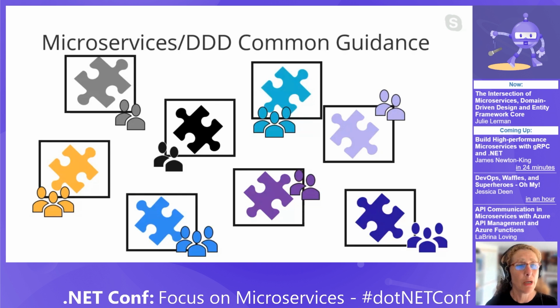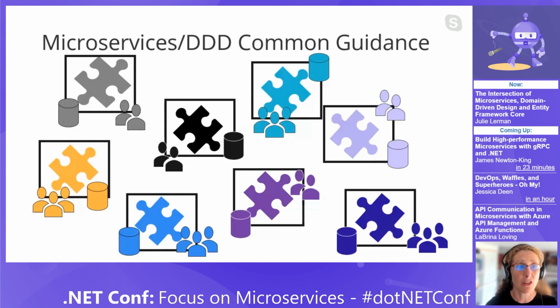Another bit of common guidance is, in a perfect world where you've got large teams, to have these microservices or bounded contexts developed in isolation, with different teams working on them so that they're really focused on them. Another really important piece of common guidance is having a unique database for each microservice.